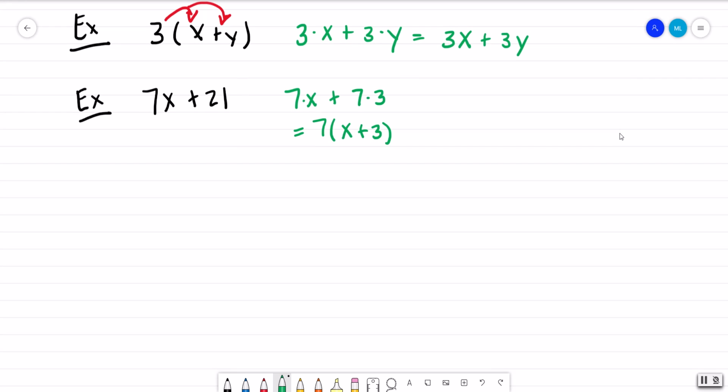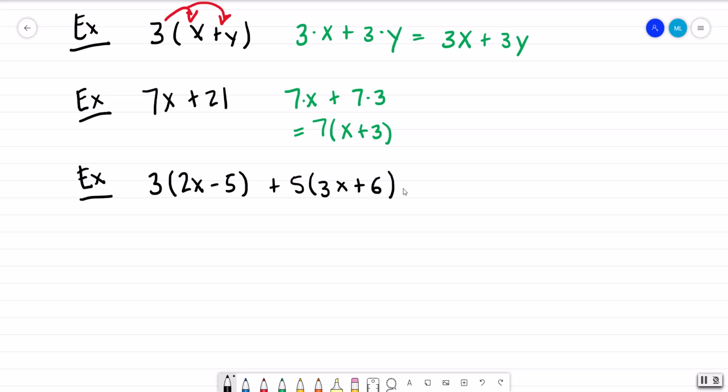Now, let's say that you have an expression that involves more terms and more use of the distributive property. So let's say that you have 3 times 2x minus 5, plus 5 multiplied by 3x plus 6.